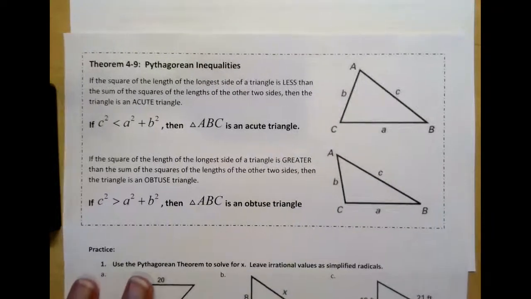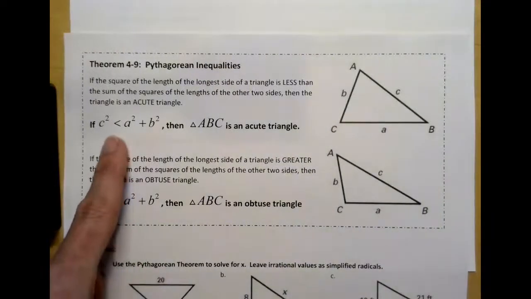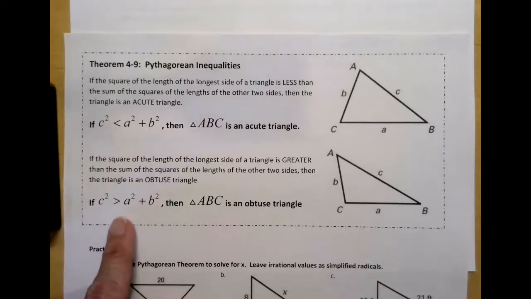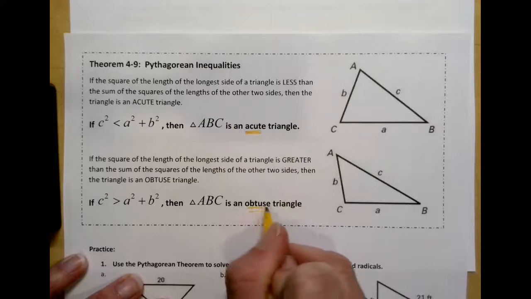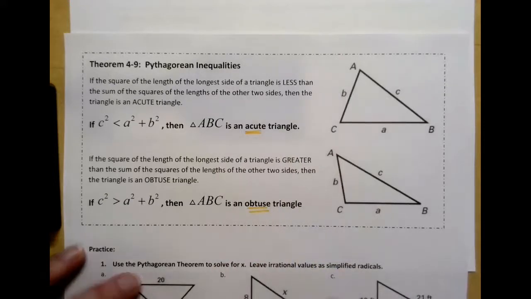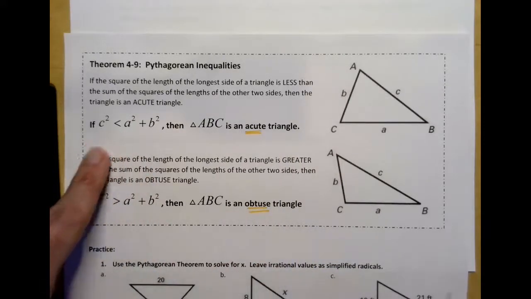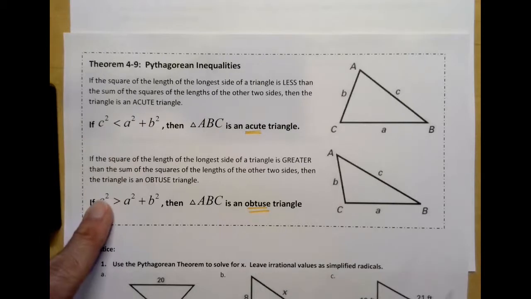So if you have a relationship between a squared plus b squared that's not equal to c squared, we can dive one level deeper and figure out if maybe our triangle is acute or if maybe it's obtuse. It helps us if we think about it as compared to c.